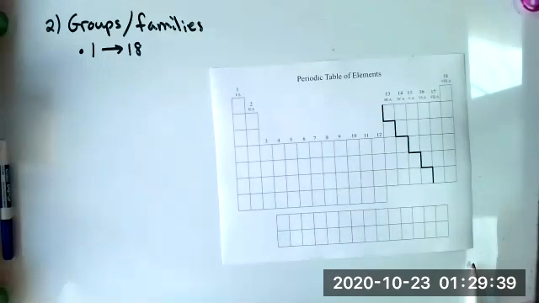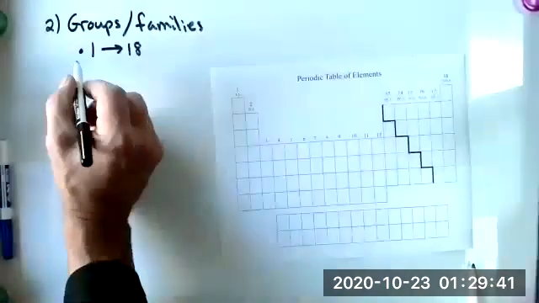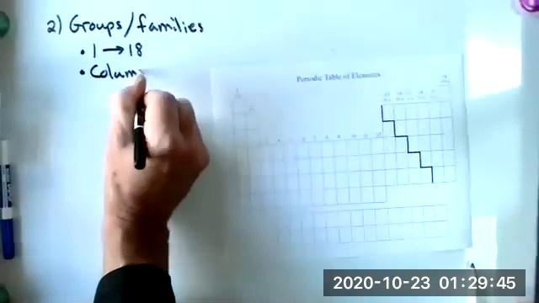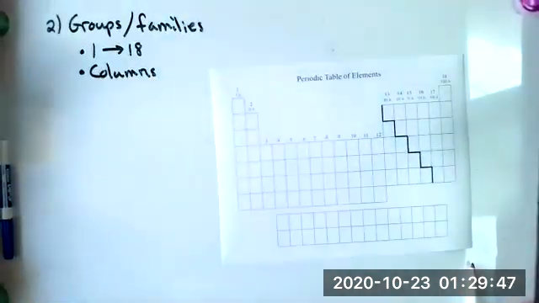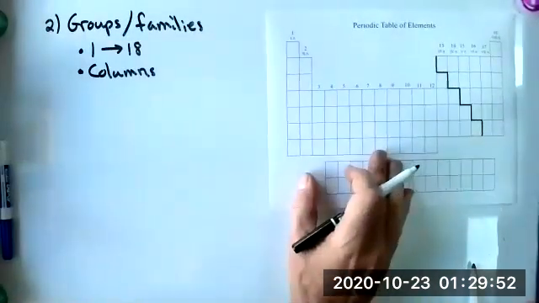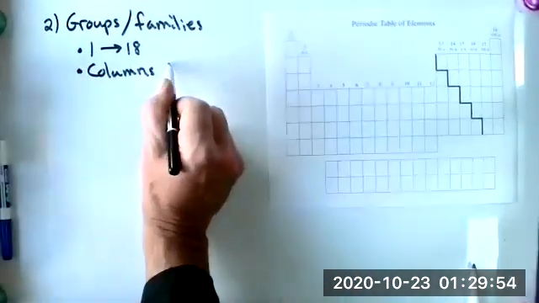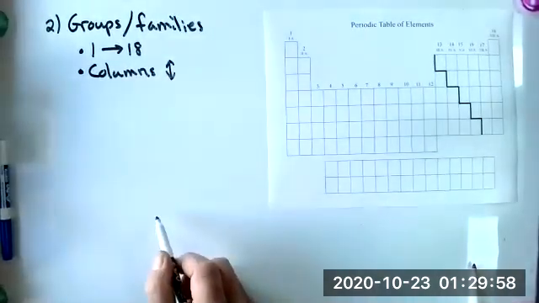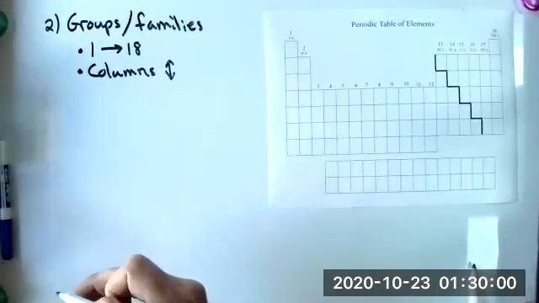So the next thing I would put under groups and families is the idea that these guys are the columns in your table. Please don't get columns and rows flipped, which happens quite often. Columns, my friends, are up and down, top to bottom.